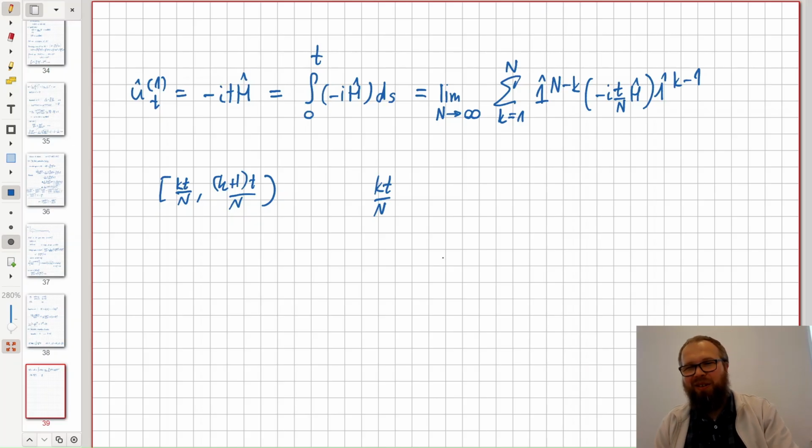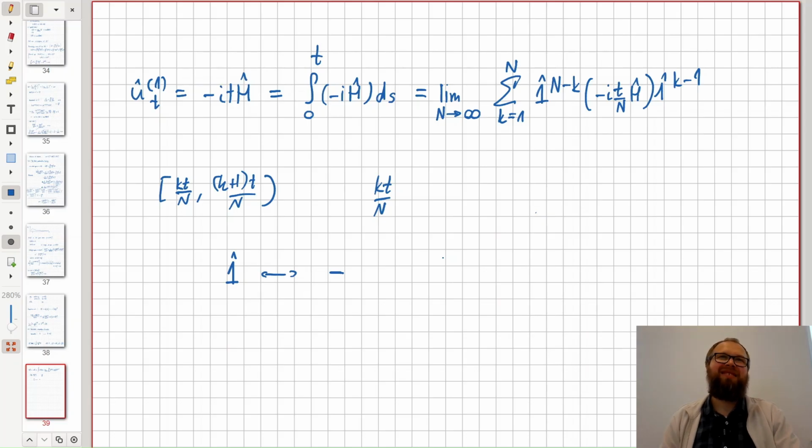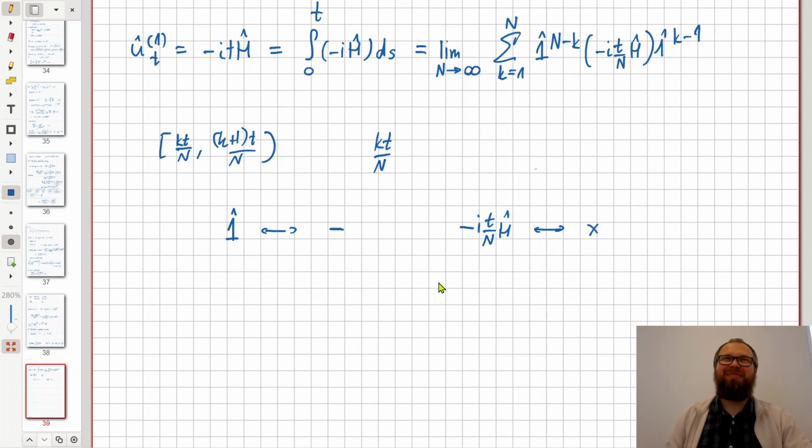So if we do some diagrammatology, let's say nothing happens, let's draw it with just a dash. Nothing happens, a dash. The infinitesimal kick, H, let's assign it an x. Okay? Pictures.